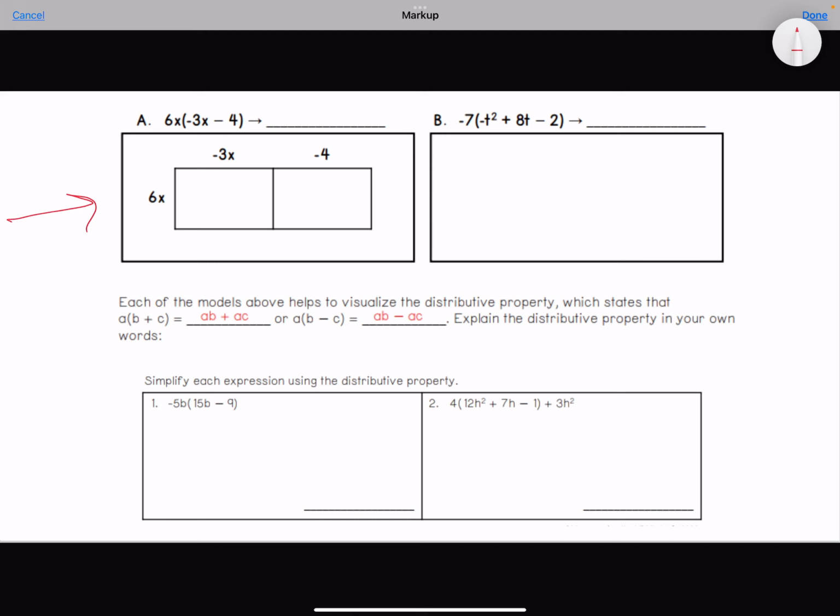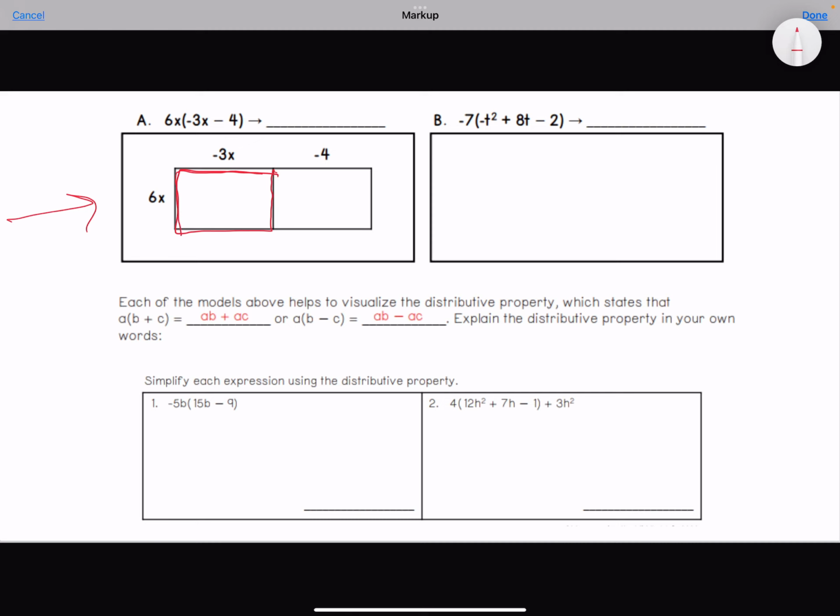We call it the box method or the area model. It's one of the new math methods that kids are learning when they do double digit multiplication, and I'll show you that in the next video. It's the area model because you're finding the area of each rectangle. To find the area of each rectangle, you multiply length times width, or base times height.